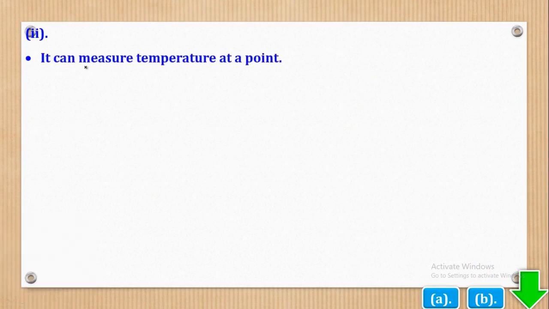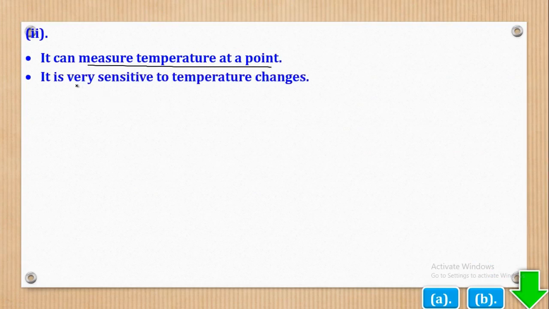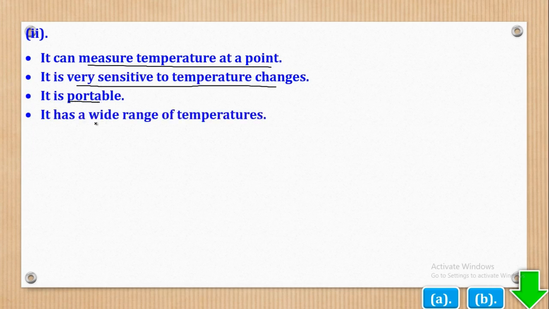So one is that it can measure temperature at a point. Then 2 is that it is very sensitive to temperature changes. Then 3, it is portable. And 4, it has a wide range of temperatures. So that was part A, Roman 2.